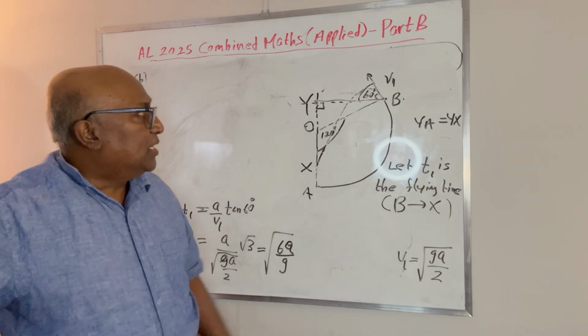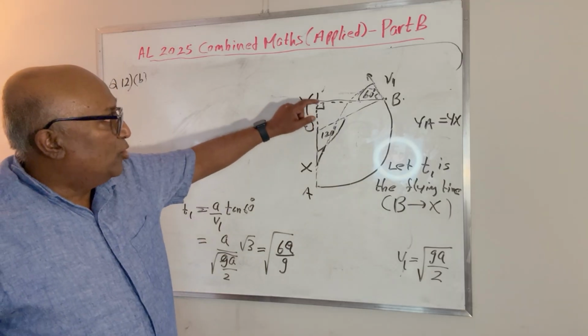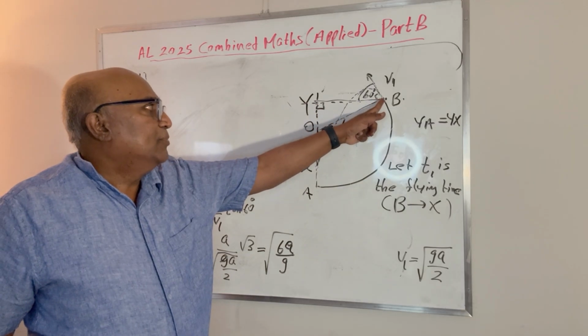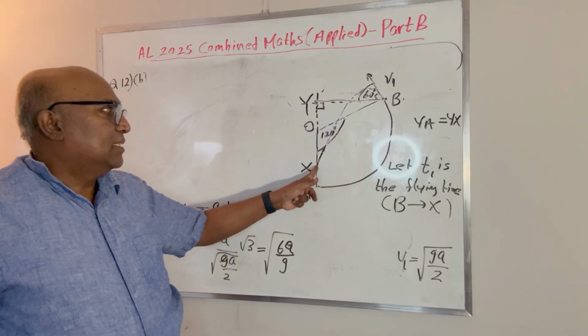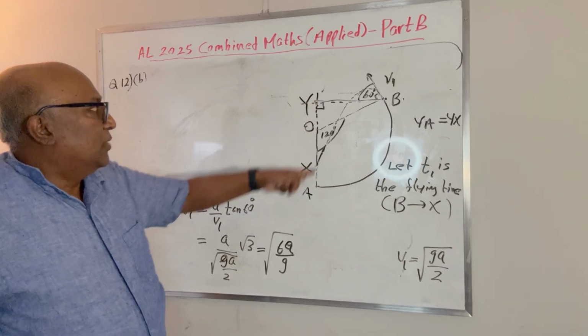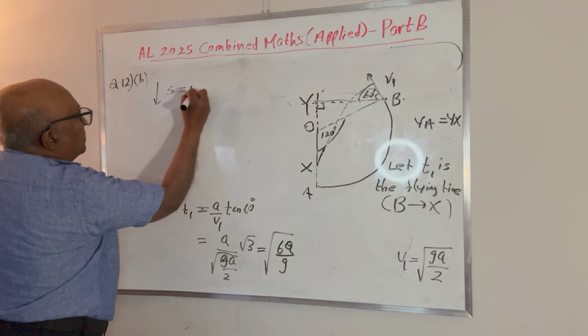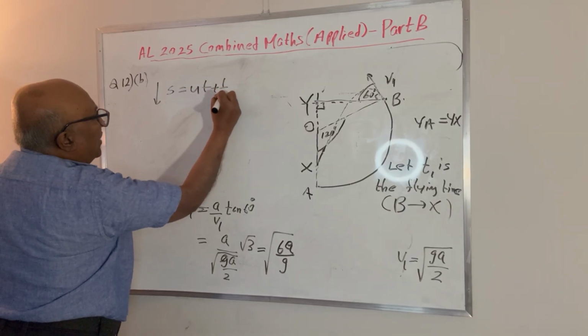Now, what we need to figure out, because at the beginning I explained we have to find the vertical distance between B and X, that is yx. Now let's apply s equals ut plus half at squared.